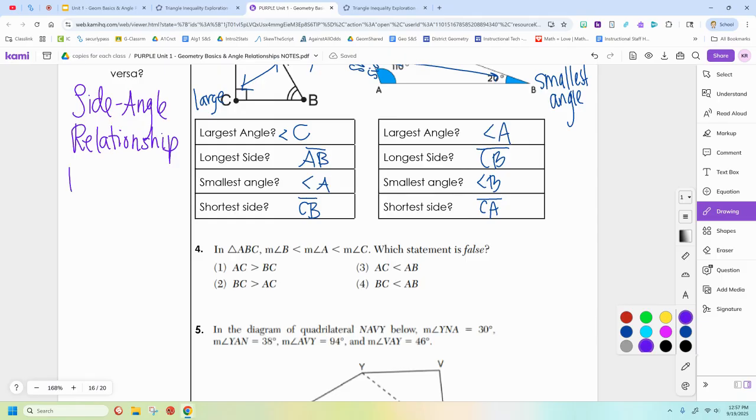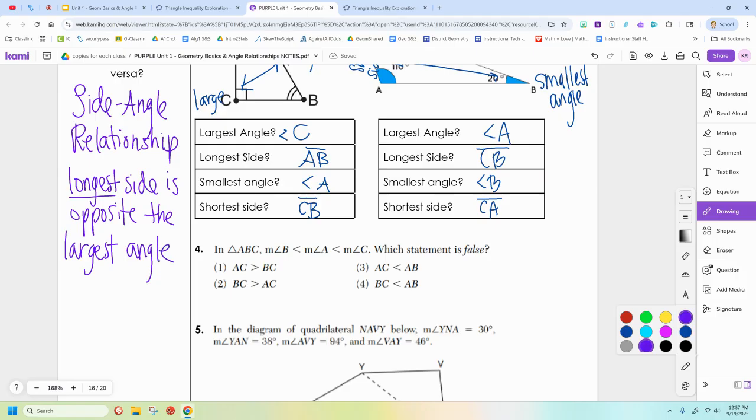Okay, so the longest side is opposite the largest angle, and then I'm just going to put the word etc. Does that make sense? We would then say the shortest side is opposite the smallest angle. The medium side is opposite the middle-sized angle.